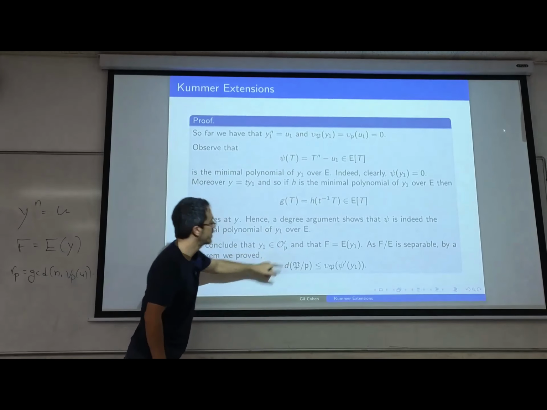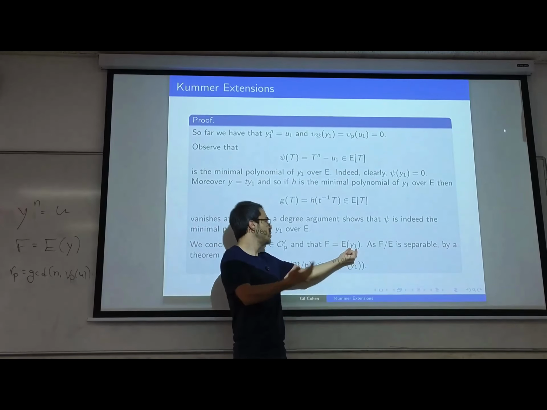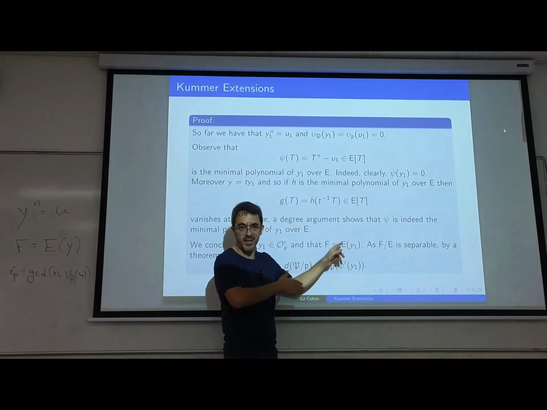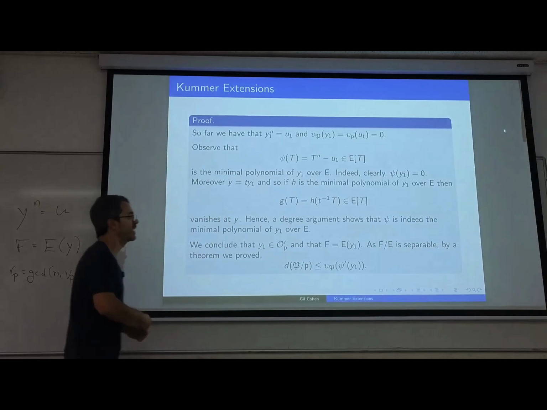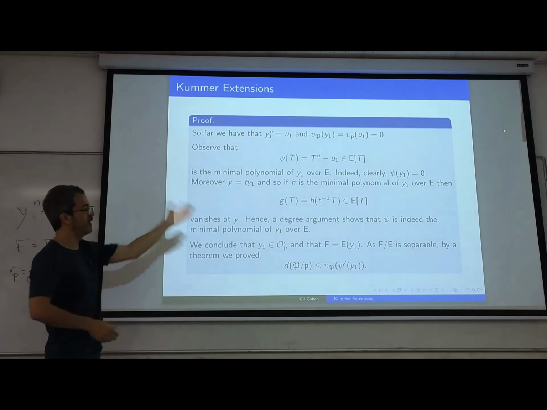That's what's written here. And as I said, y1 also generates F over E, because the only difference is a factor of t, which is already in E, so it doesn't matter. And again, F over E is separable, finite, generated by y1. Y1 is integral, so we can use this theorem.